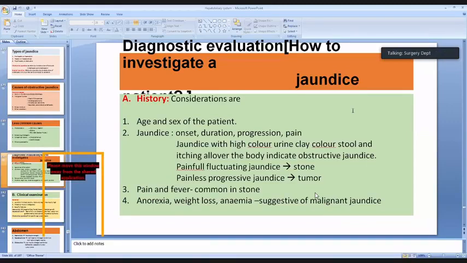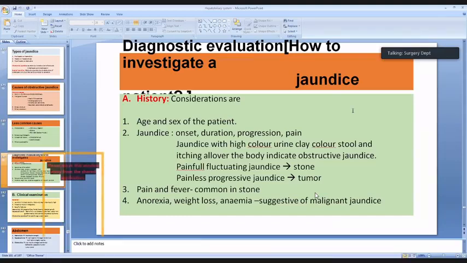So if we see a patient presenting with jaundice for the last few days to weeks, the color of the urine is very high colored, the stool is clay colored, and there is itching all over the body, then clinically we can say this is obstructive jaundice.